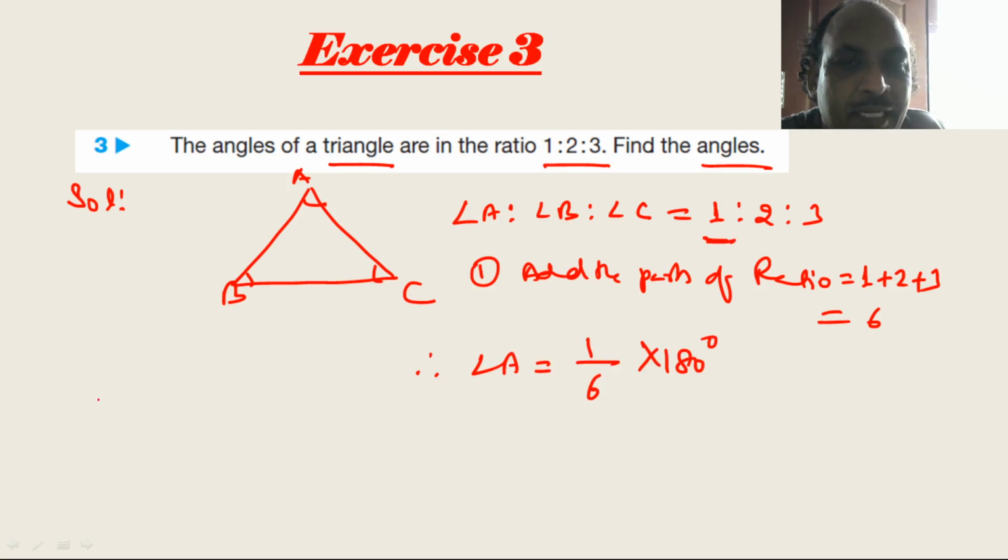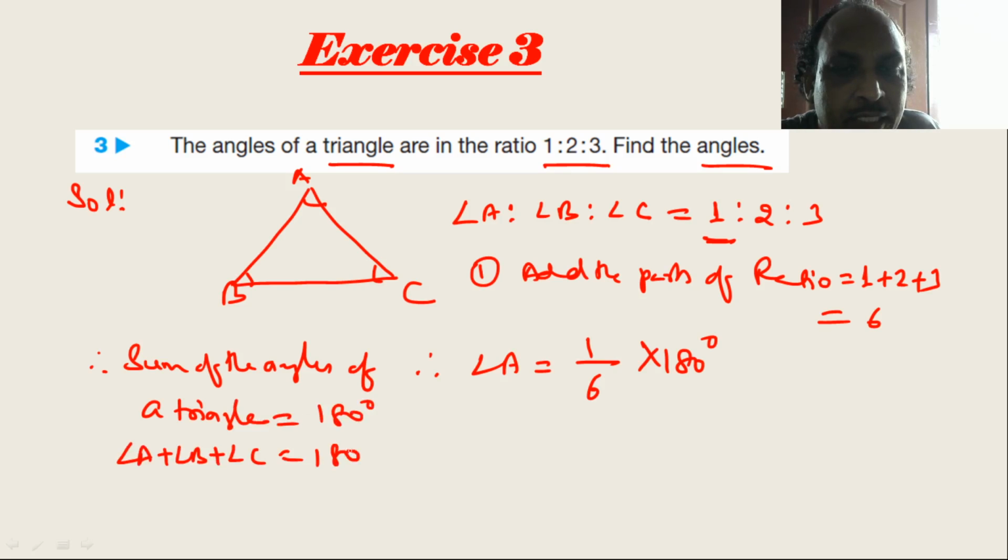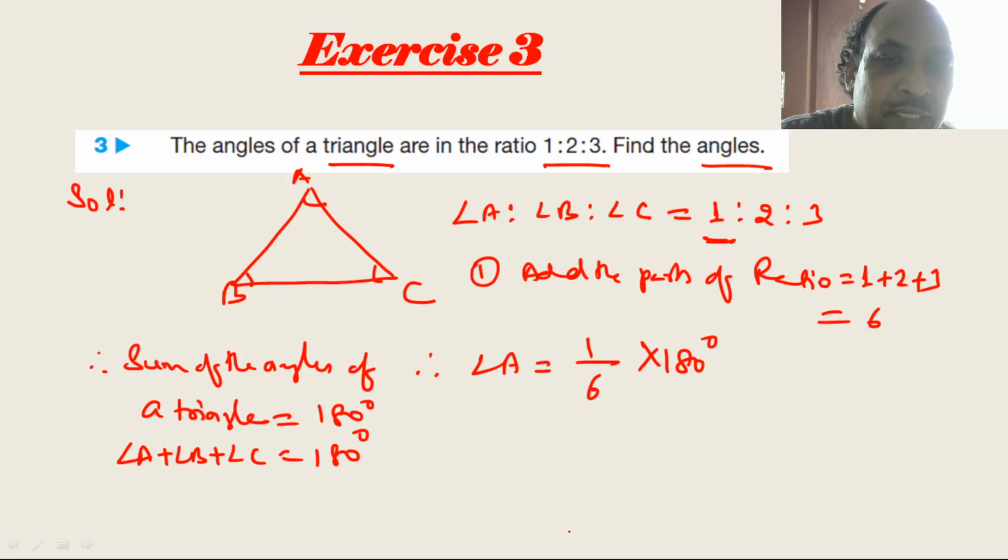Why 180 degrees? Because we are already aware that the sum of the angles of a triangle is equal to 180 degrees. It means angle A plus angle B plus angle C is equal to 180 degrees. So angle A will be 1/6 into 180.